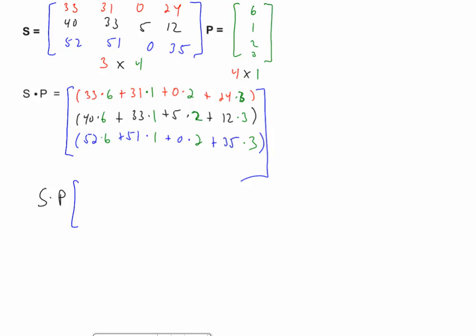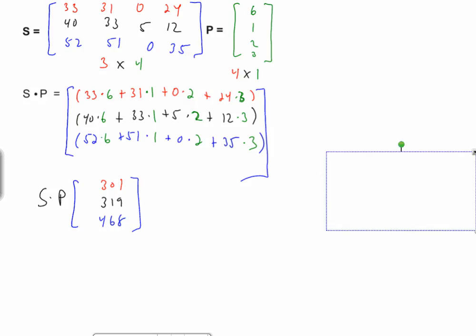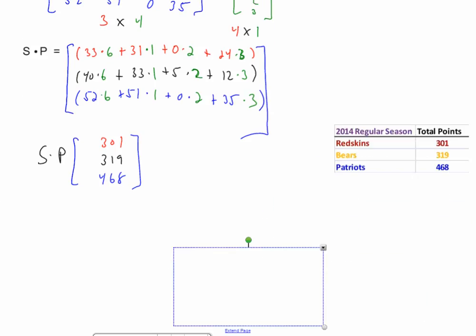So the top one is 301. I'll save you the math. And the middle row is 319. And the bottom row is 468. And notice the regular season total points.